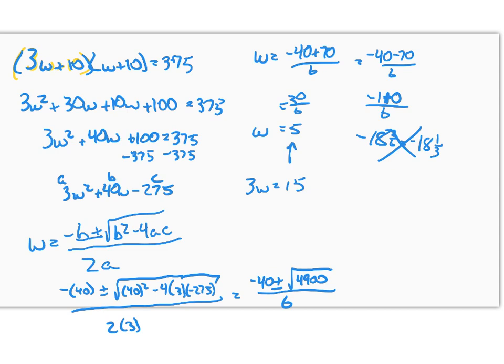And then, if you want the dimensions of the garden with the walkway, you add 10 because the walkway is on both sides, so it's going to be 15 plus 10 by 25. So the dimensions of the garden is 15 by 25 feet. And there you go. That's your answer.